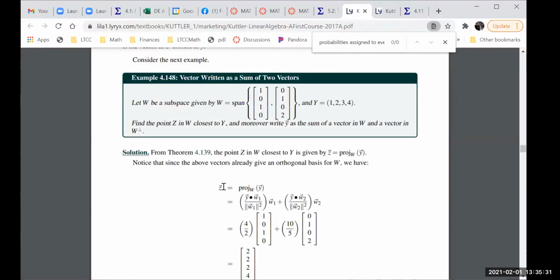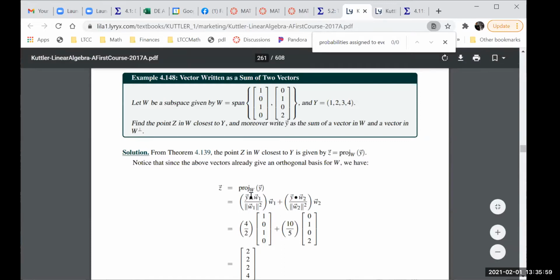So here's the formula, and that is the projection of Y onto W is Y dot W1 over W1 squared times W1 plus Y dot W2 over W2 squared times W2. And that's what I want. So I'm going to dot my vector with each of the vectors, divide by their magnitudes. Now, if I have an orthonormal basis, the magnitude is just 1. So I don't have to worry about the denominator.